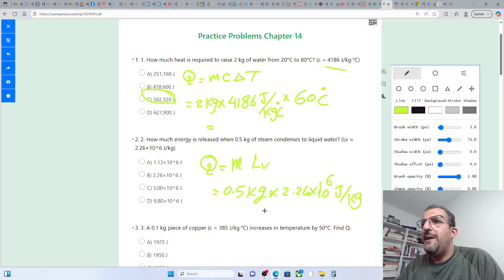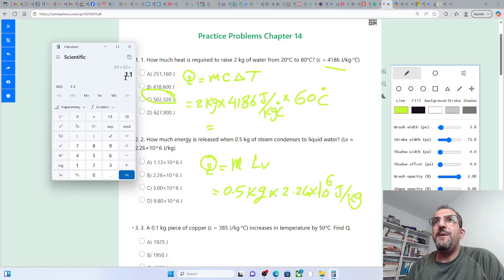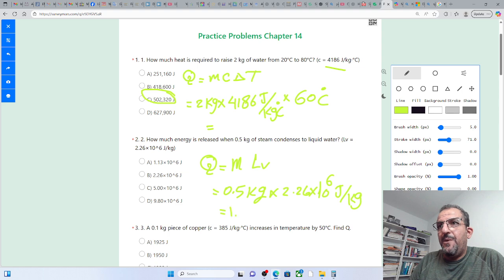Okay, and when you do the multiplication, you will have 0.5 times 2.2, so that's equal to 1.1. I think I multiplied 0.5 times 2.2, I need to do 2.26.